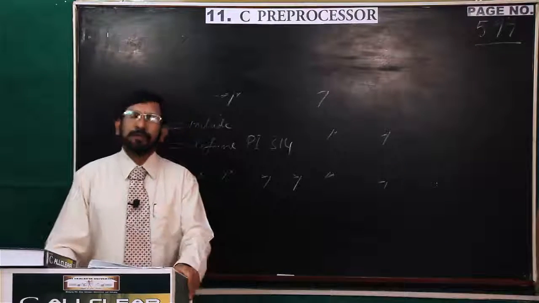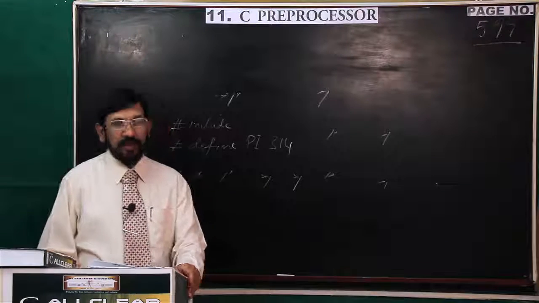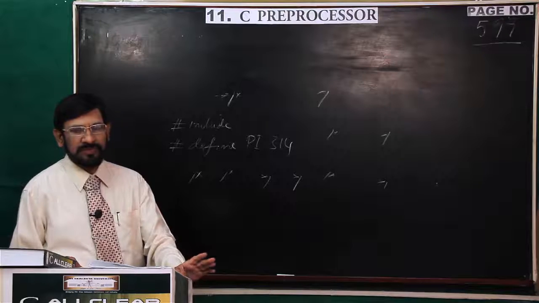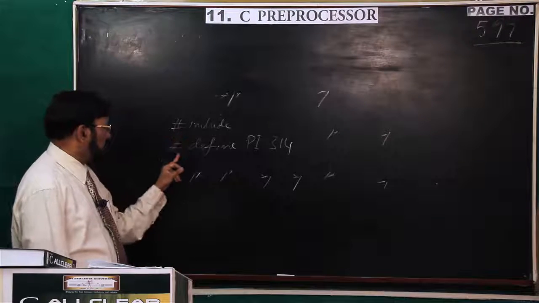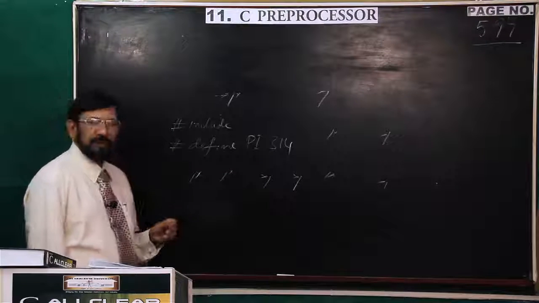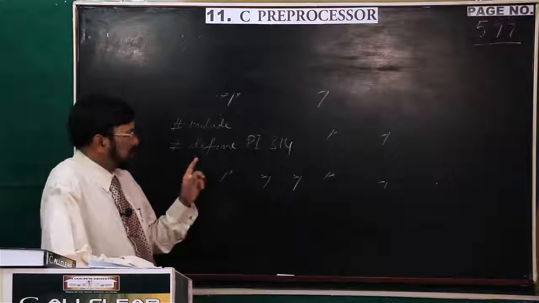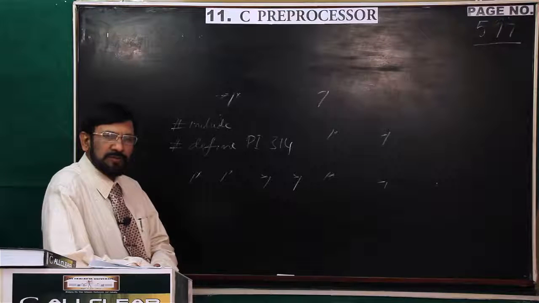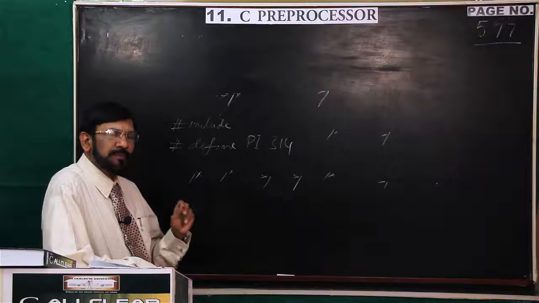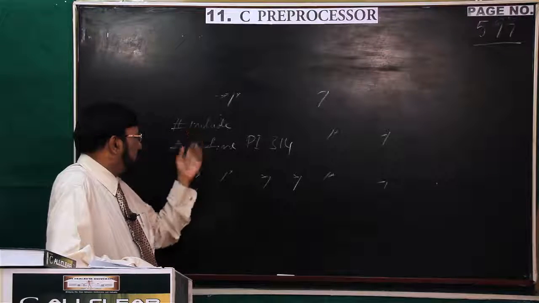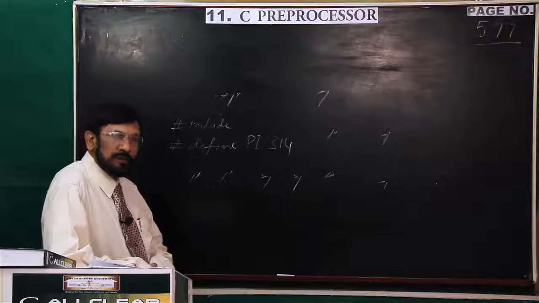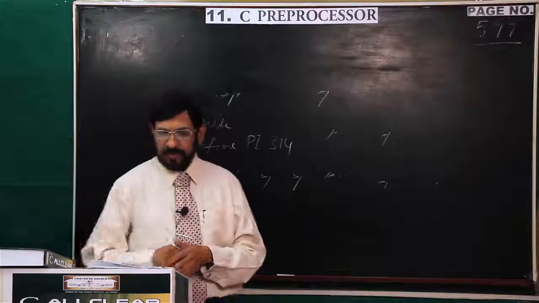These preprocessor instructions are called directives. They are special. Most preprocessor directives start with the hash symbol, and one more specialty of these directives is that they are not terminated by a semicolon. We have already seen the include directive and define directive.